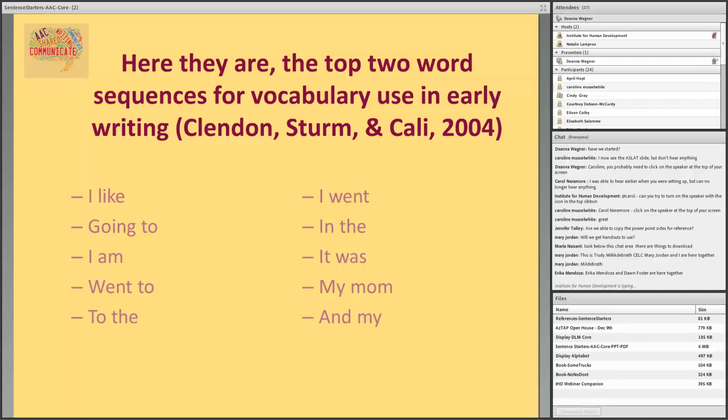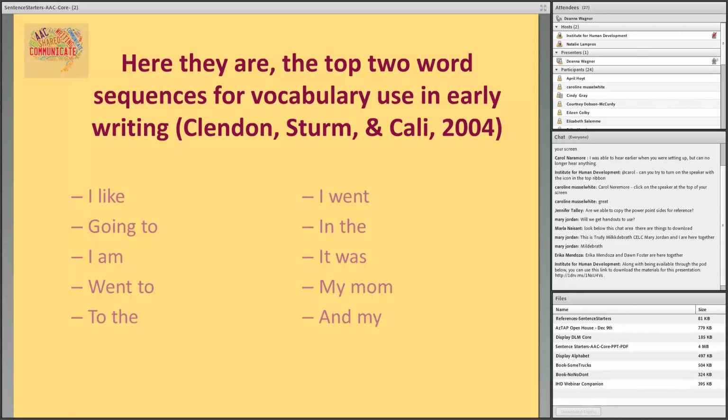When we look back on this, we can think about which of these words are part of our first 40 list from the Dynamic Learning Maps, and maybe the first 20 or the core word starters from the vendors of the communication devices, so that we can think about how to put the words together for our communicators who are moving on to stage 2 or stage 3. And we can think about how these combinations could make a difference.